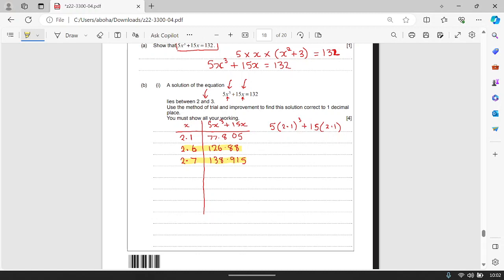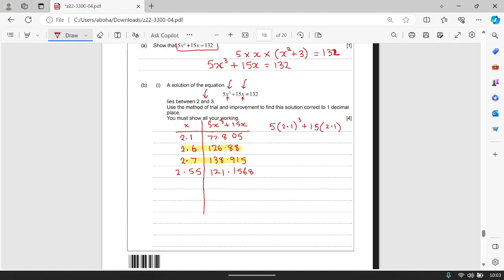We now know there's no point going to 2.8 or 2.9 because the answer is too high. And there's no point going to 2.5 or 2.4 or 2.3, the answer is too low. We've got to go in between. So now what I do is this. I'm now going to try 2.55. If you put that on a calculator, you're going to get 121.1568.